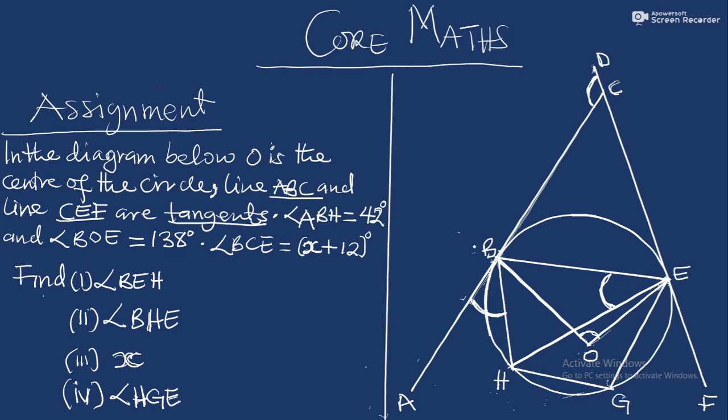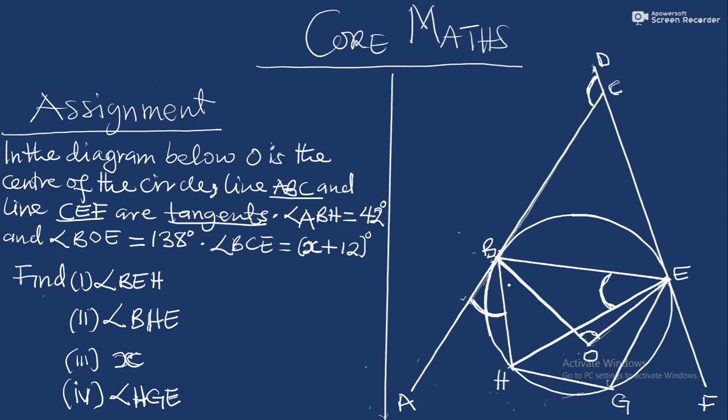Good. Now looking at this one also, we have a line here and we were told it's a tangent. So line AB is a tangent and this one too is a chord. Now there's an angle formed between the tangent and the chord. So this angle is formed between tangent AB and chord BH.